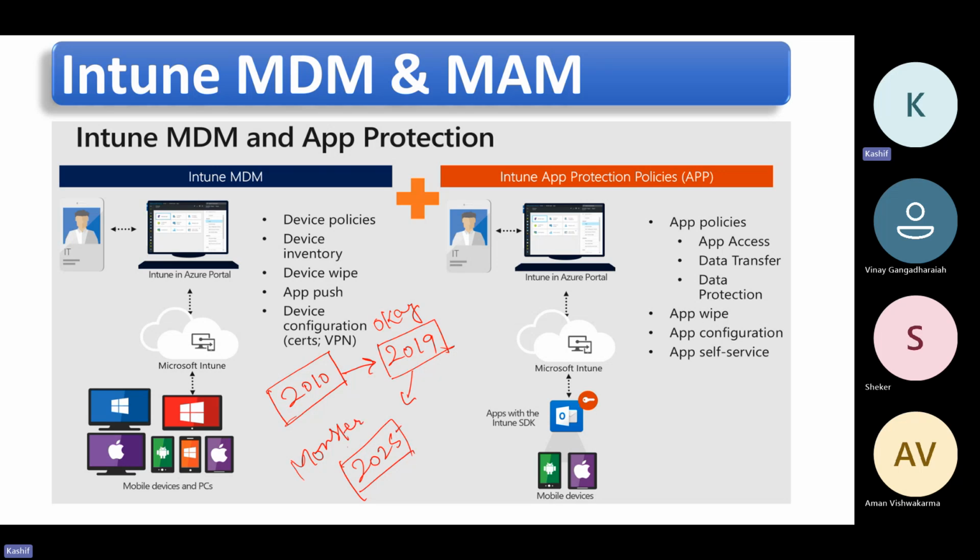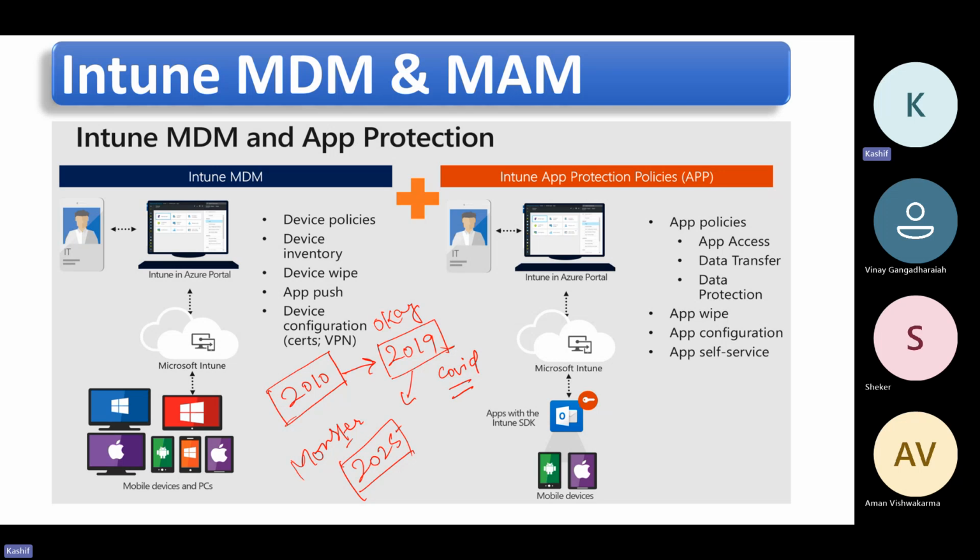It's moving like a monster. Wherever you go, you will find Intune. Why? Because of COVID-19. After COVID, people started working from home or in a hybrid manner. When people are outside the office premises, it's difficult to manage the devices through SCCM.